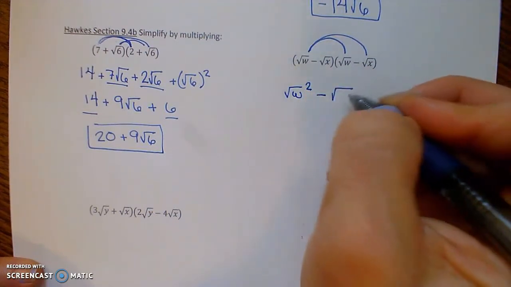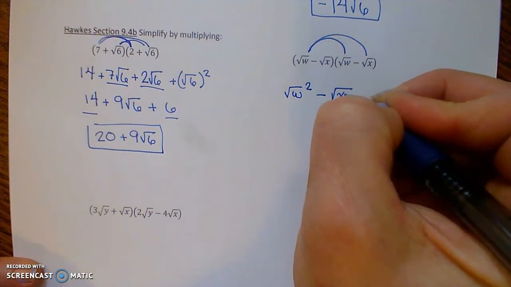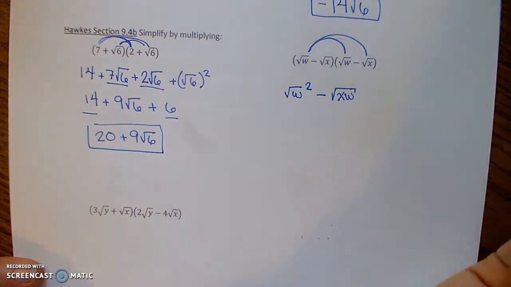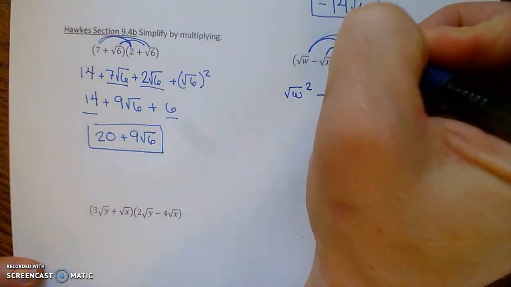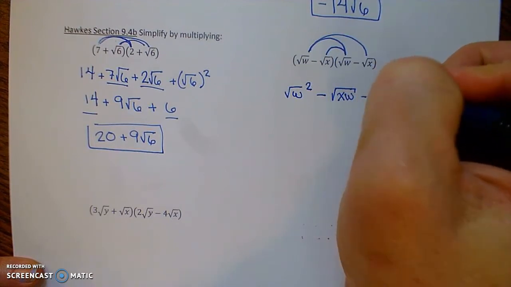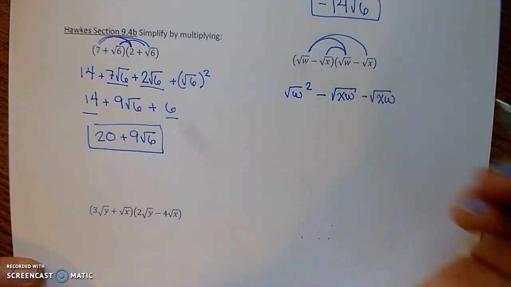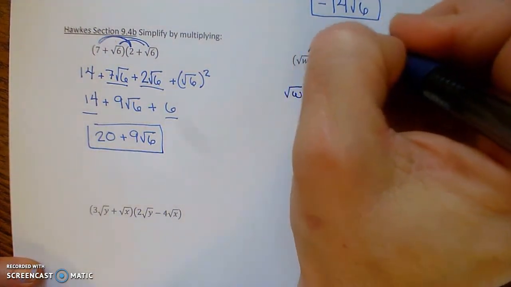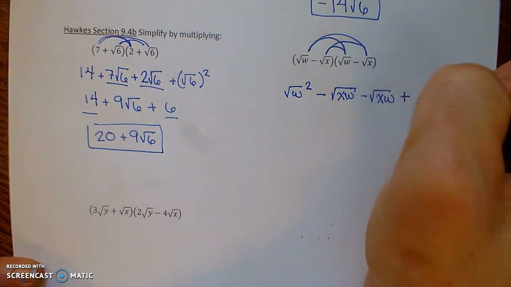So that'll be square root of wx. I like to write it in alphabetical order, so xw. Now moving on to the minus x. So minus square root of x times square root of w will be minus square root xw.